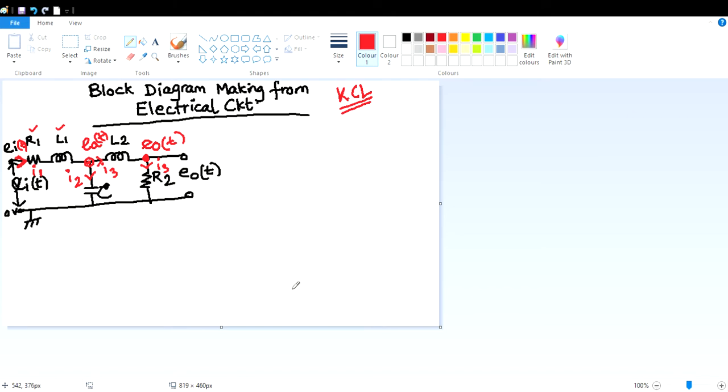Understood? Now I am coming to the second part. What is the second part? I have taken all the elements, all the possible voltages and currents in this circuit. So I will now try to write the equations for them. First, try to write the equation.